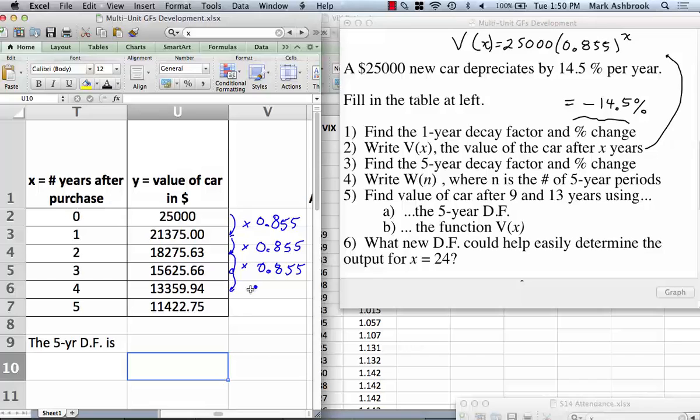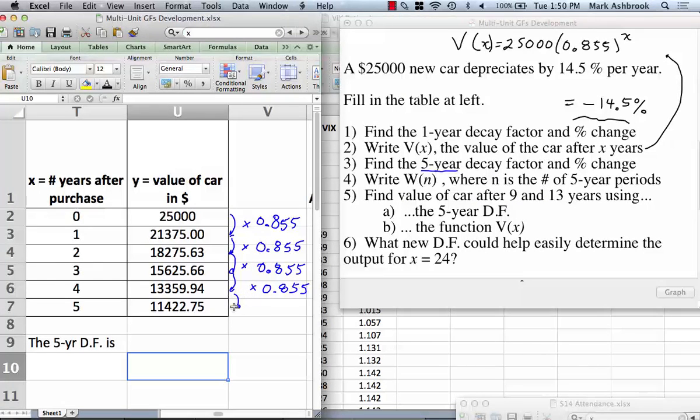So if we want one single multiplier that will advance us 5 units of input, is it input or output? When we say the 5-year, we want to advance 5 units, or in this case 5 years, and that's the advance in the input. But the decay factor is the multiplier on which? It's output. So we want the one multiplier on output that will give us the next output for an advance of 5 input units.